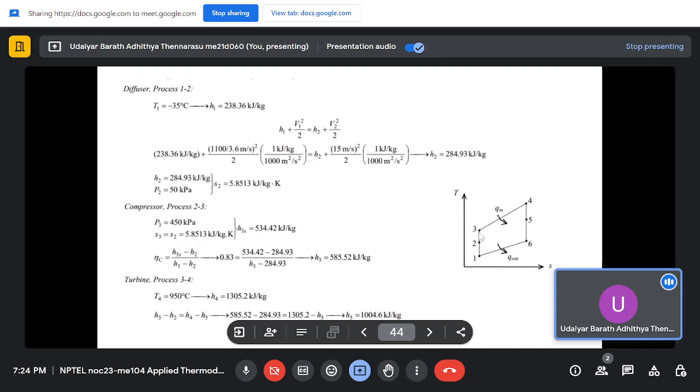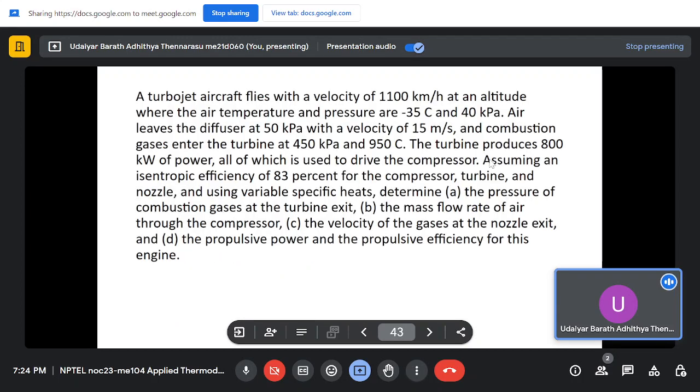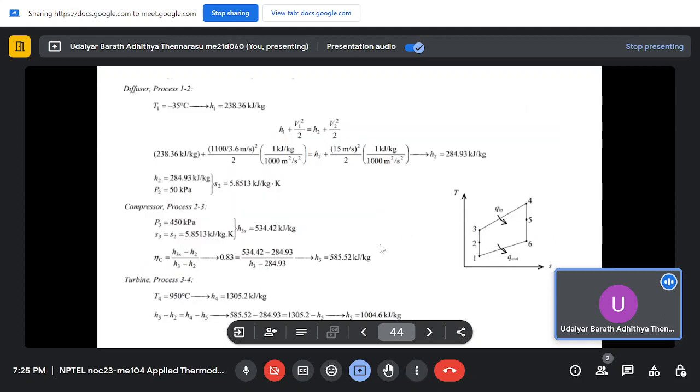Now, assuming initially that the compressor is an isentropic compressor, we can find the enthalpy at state 3. We know that the compressor is compressing to 450 kilopascal, because the turbine inlet pressure is 450 kilopascal.